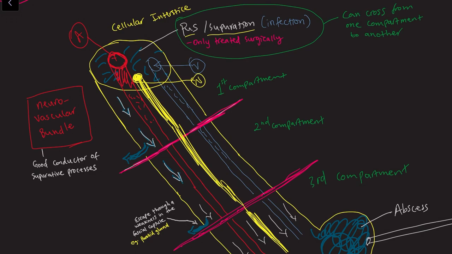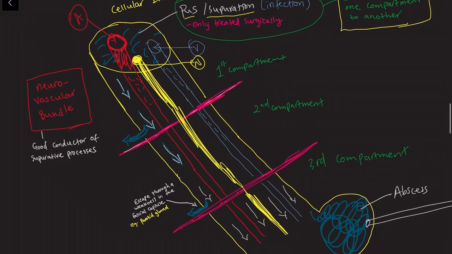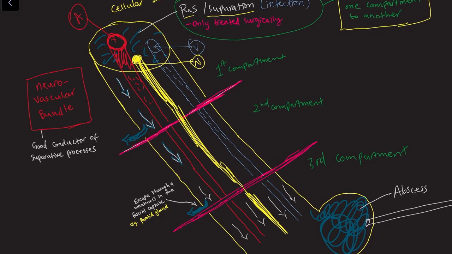But here's why we need to know about these spaces. It's because, for example, when this cellular interstice is infected by whatever bacteria, the infection can cross from one compartment to another compartment. What do I mean? For example, you have your superficial lamina of the fascia, and then you have your deep lamina of the fascia, and then you have the superficial lamina of the proper fascia.